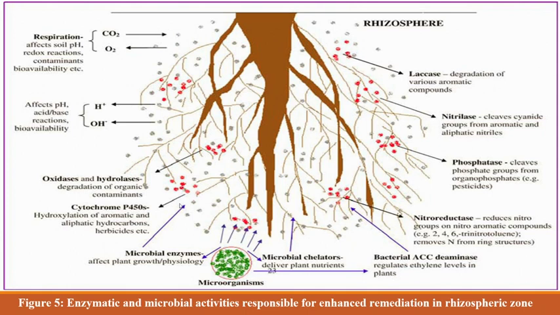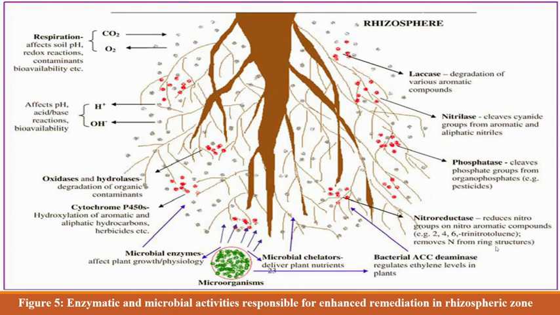Okay, now the microbial enzymes which affect the growth and the physiology of an organism are also present mostly in the roots. Okay, and these organisms can be chelators. They help in the delivery of plant nutrients. They can be bacteria with ACC deaminase, which regulates ethylene levels in plants.